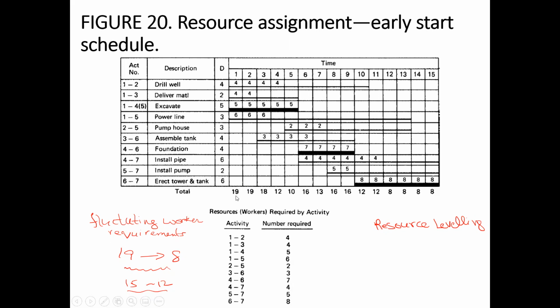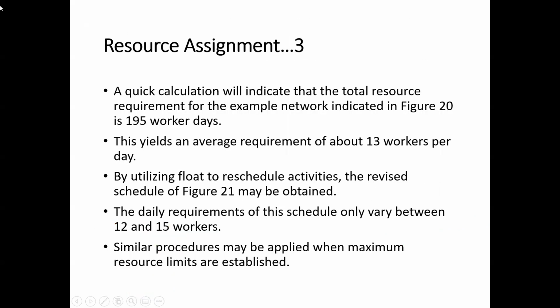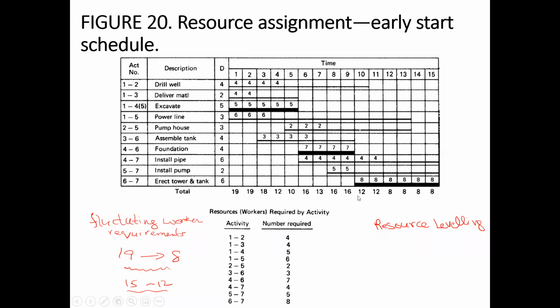if we can total it, I think this total will come out to be like 195 worker days or worker weeks. Okay. Since the example is using days, we can say that it is using like 195 total worker weeks or days, whatever.